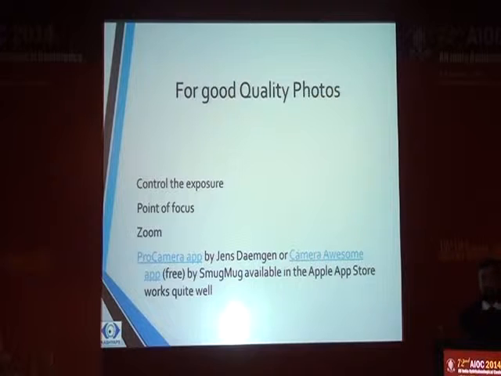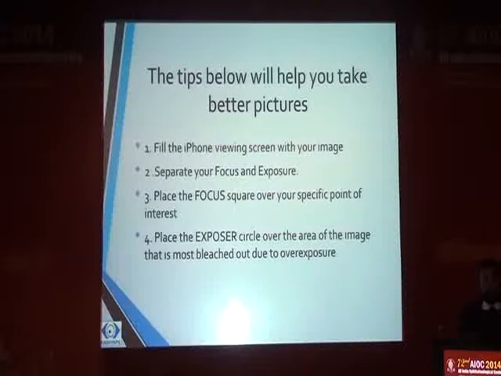For good quality photos, you have to have control of the exposure, point of focus, and zooming. Certain software is available, like the Camera Awesome app, which is free by Smugmug. What you have to do is fill up the whole camera with the image, and then you can separate the focus and the exposure.